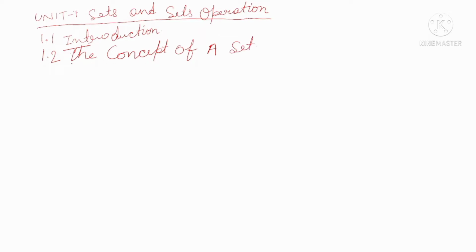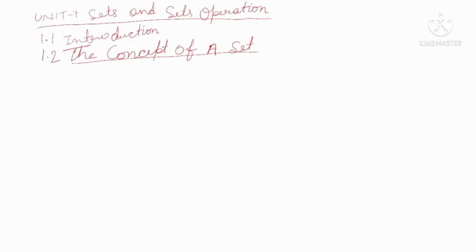So what is a set? That is a well defined collection of objects of any kind. Again it moved here. Okay, let me find out. Okay, here it is, concept of set.